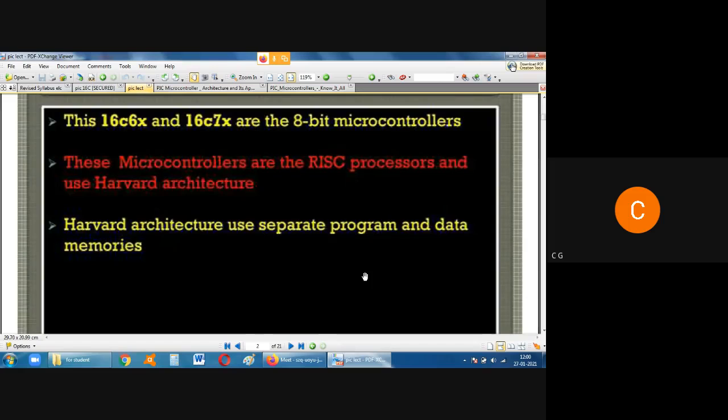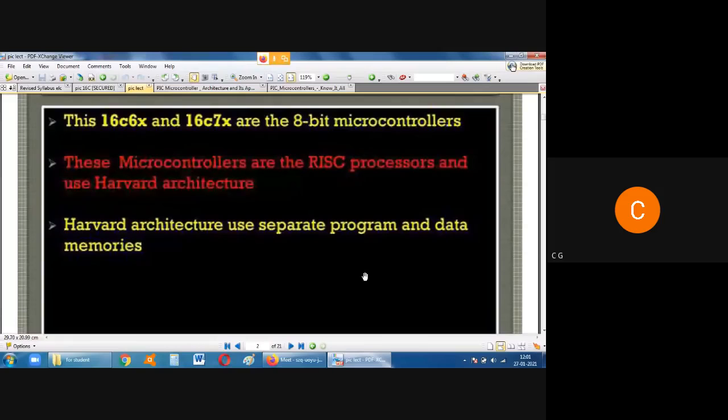Okay. So now you can see on the screen that 16CX and 16C7X are 8-bit microcontrollers. Okay, means whatever data is given has a length of only 8 bits. Okay, the funny thing in this case is that the address bus is somewhat longer than the data bits, maybe 14 bit, 16 bit. So in this case, the PIC microcontroller.